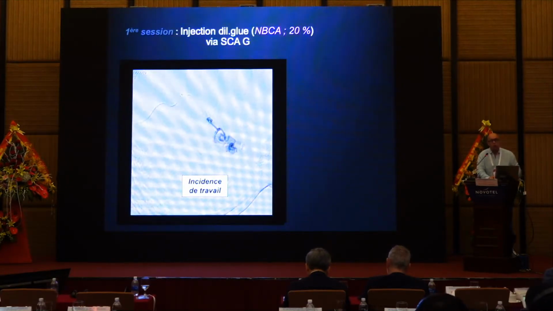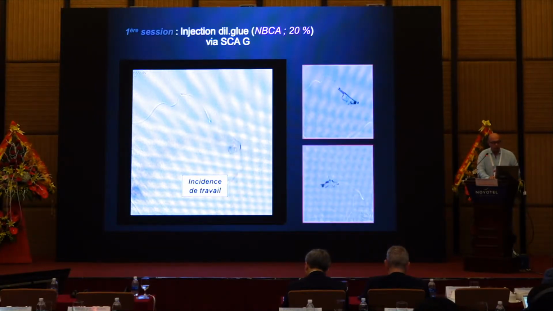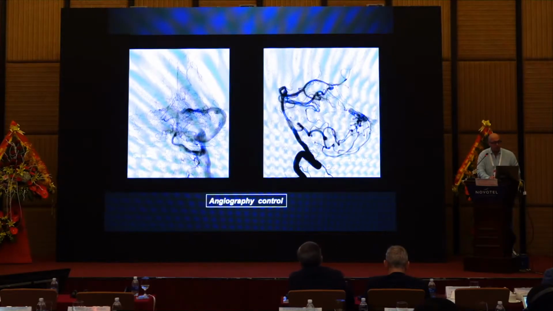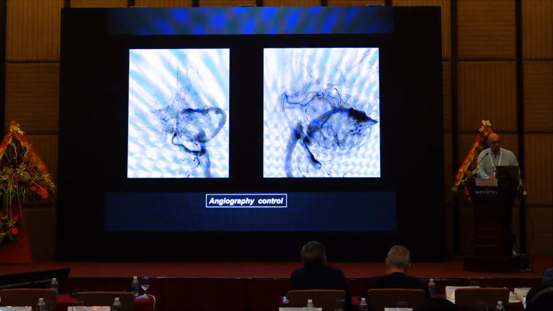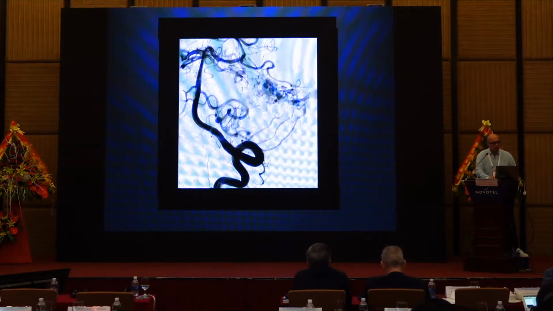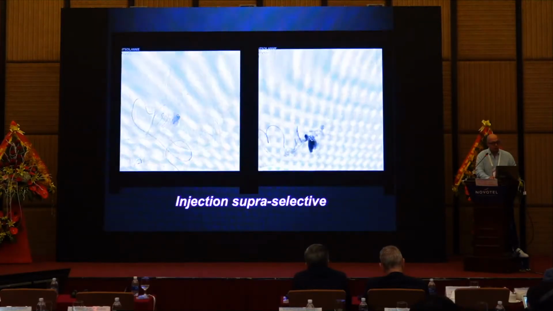So we started to inject the NBCA inside the feeder, the pedicle, and while we were injecting, this is the angio control, and this is the way of the microcatheter to go in contact with the nidus, and this is the supra-selective injection.